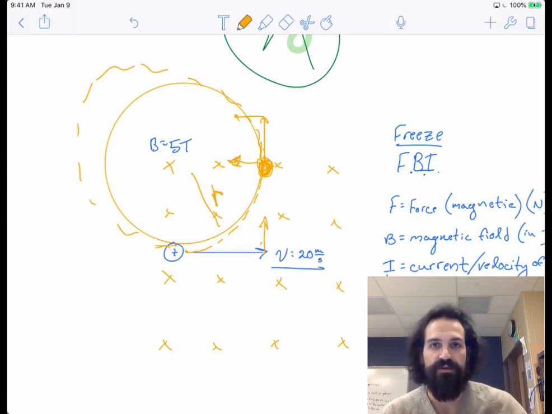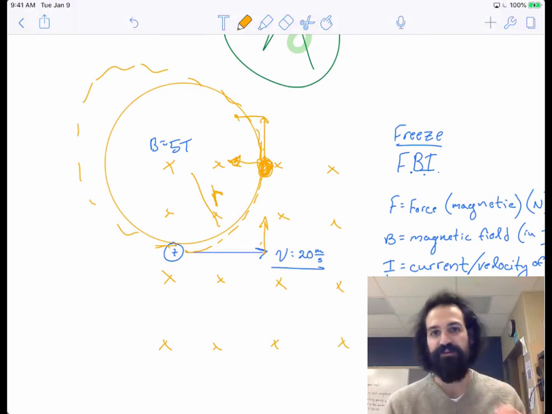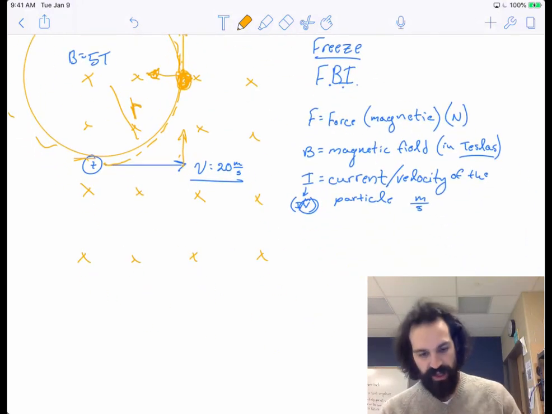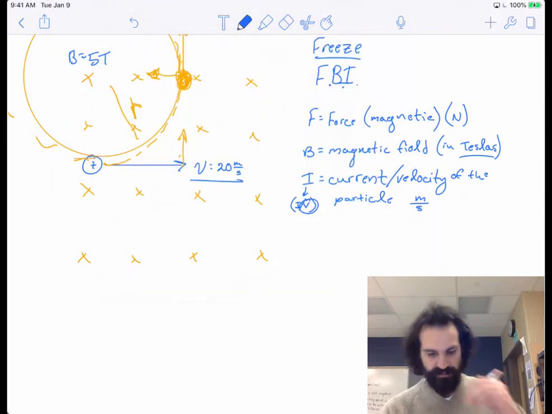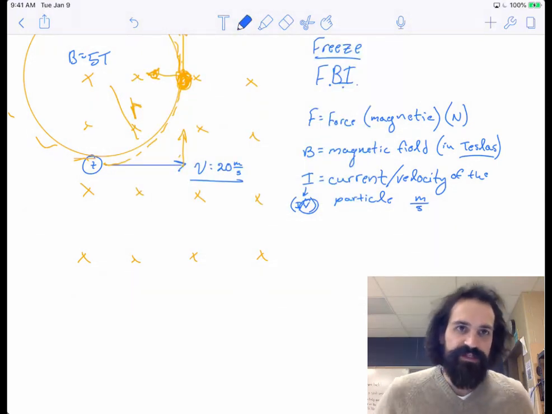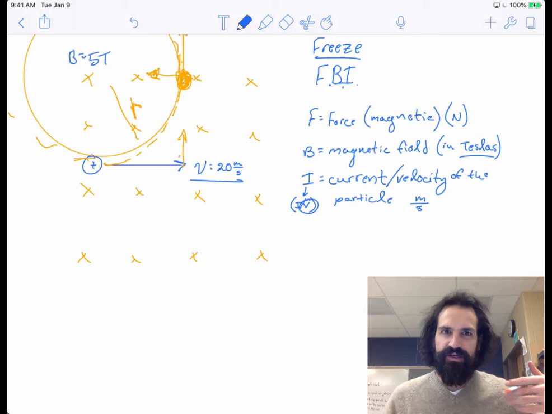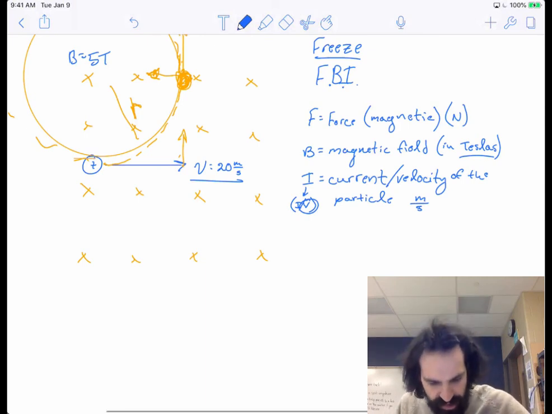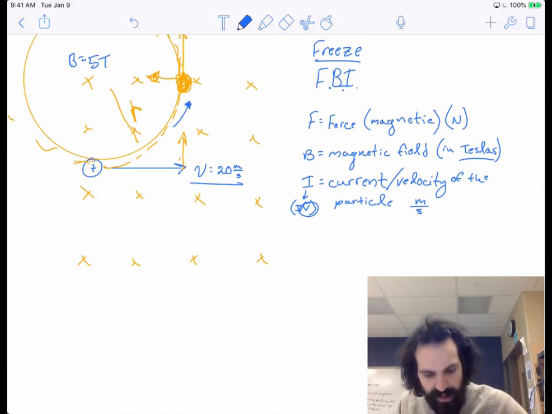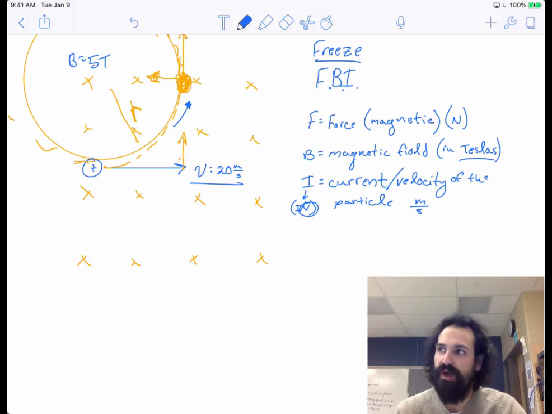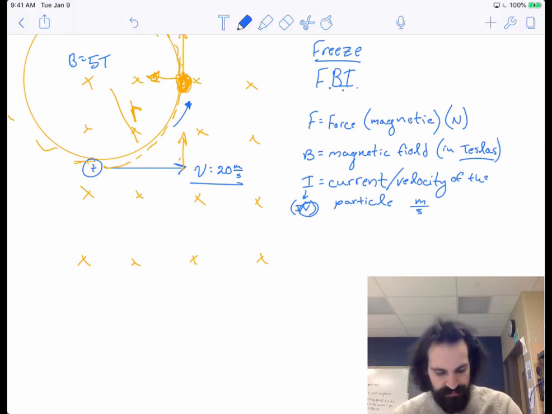So now we have a proton moving in a circle in this infinite magnetic field, and it's moving counterclockwise. I want to point that out. And if we wanted to, we could even figure out the magnetic force, and we could figure out the radius.